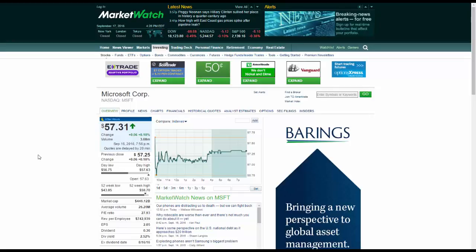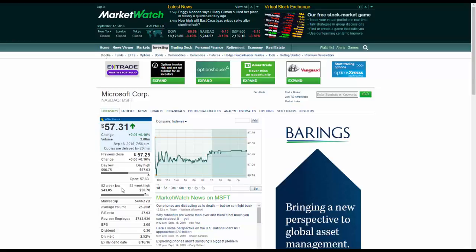I'm not going to go through all of the indicators. Well, we'll just use the 52-week high and 52-week low as another example. That's a simple one, really quick here. So we know that the Microsoft is really close to its 52-week high, and it has an earnings per share of 2.05.